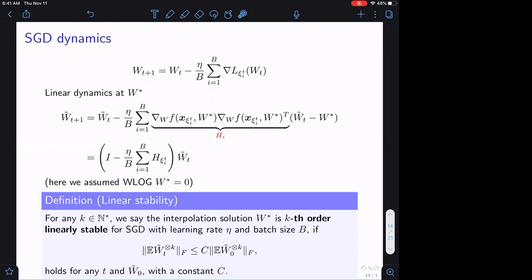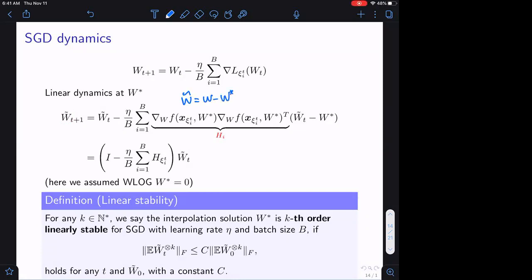For stability, the first thing you study is linear stability. You want to study, at the ground truth that we find, how a perturbation behaves, and what kind of condition the linear stability imposes on us. To study linear stability, we can instead study this W tilde term, where W tilde equals W minus W star.